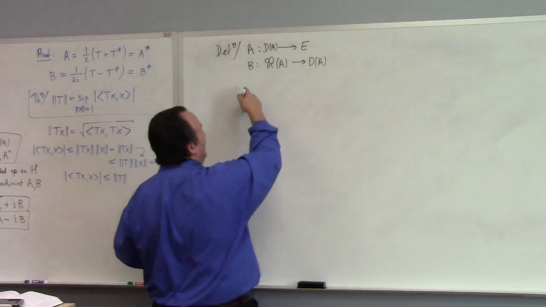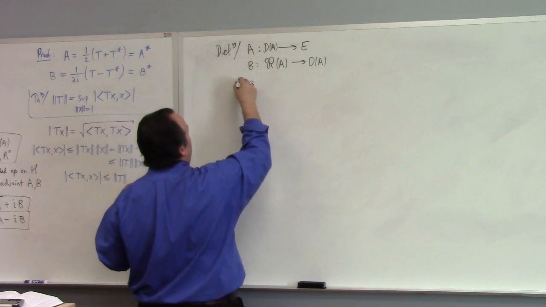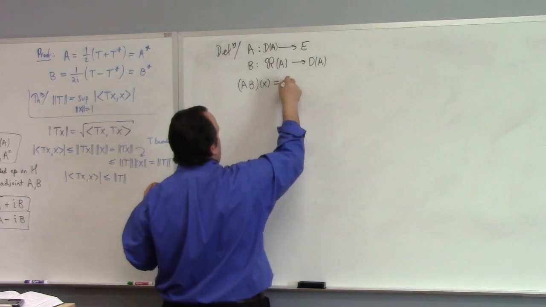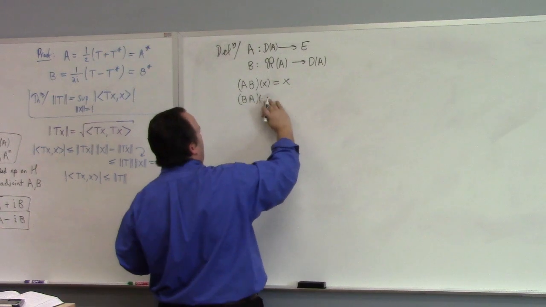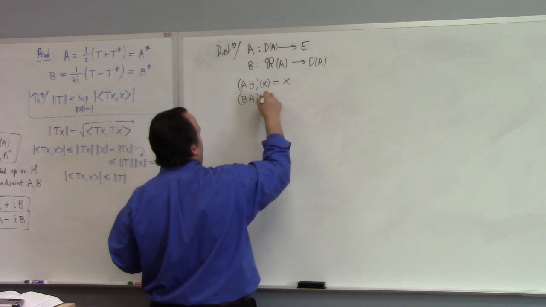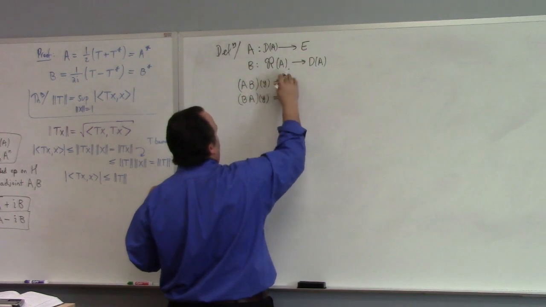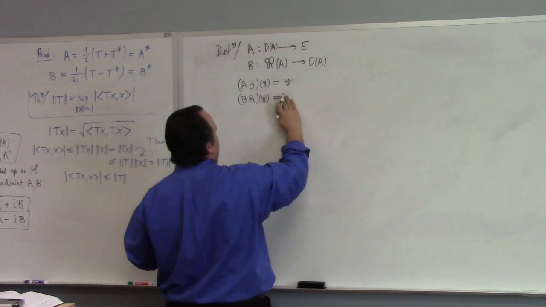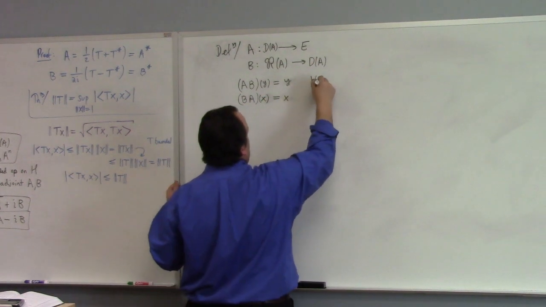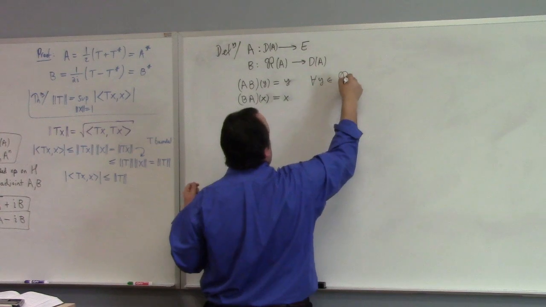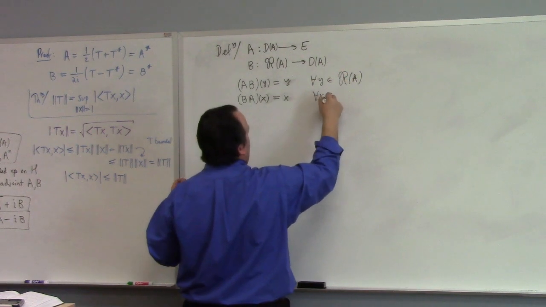And of course, if they're actually inverses, what does that mean? A(B(y)) equals y, for all y in the range, and B(A(x)) equals x, for all x in the domain.